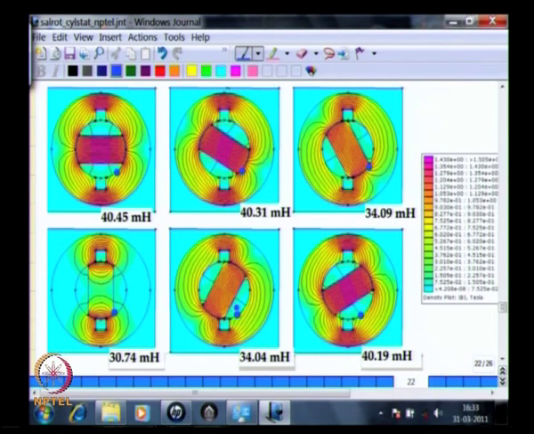Here again the air gap is fairly large, and here is a still larger air gap.